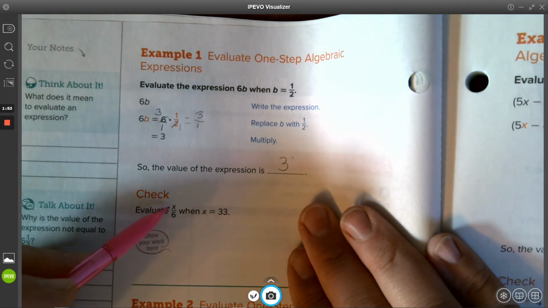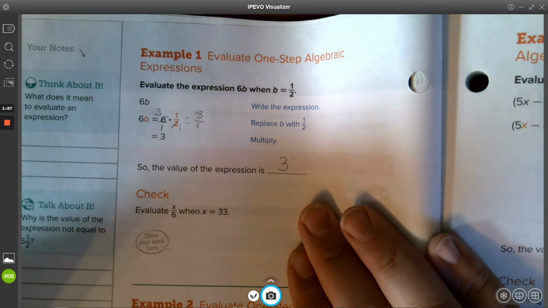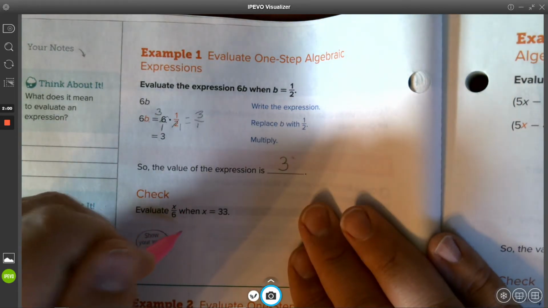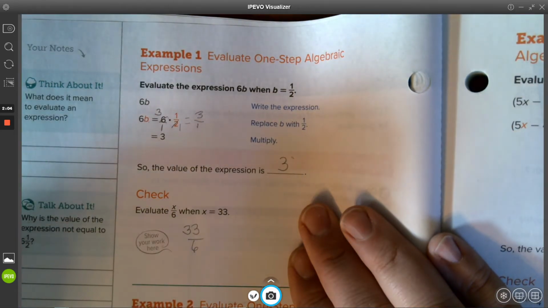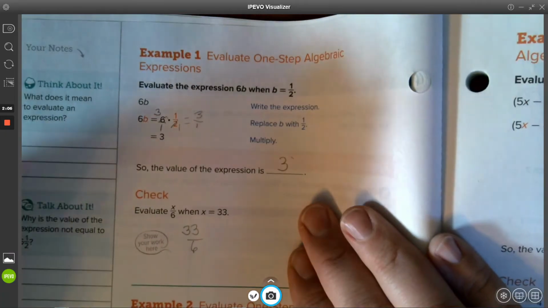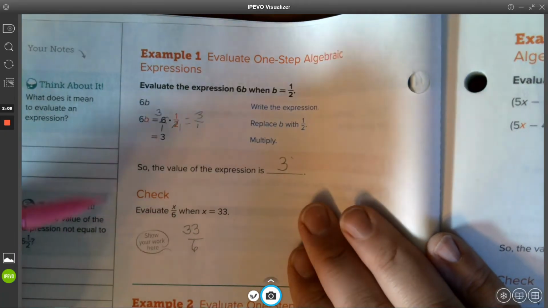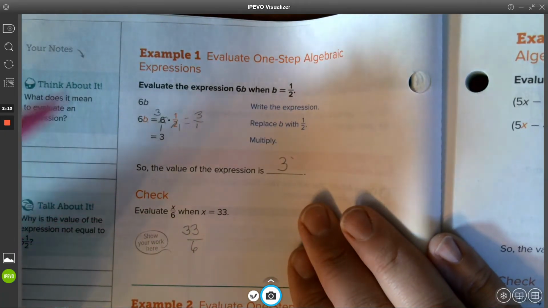Let's try this. x divided by 6 when x equals 33. So you're going to go ahead and pause this video and solve this expression. Then you can resume when you have gotten your answer.